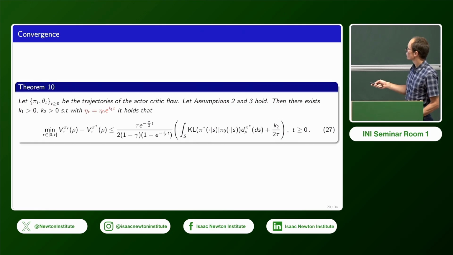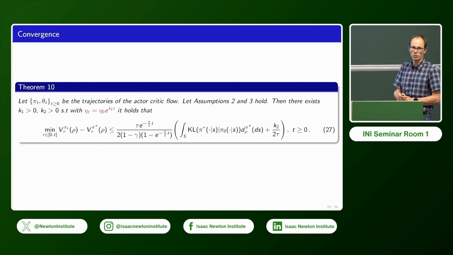And if you choose your critic flow to have an exponentially faster time scale, then you can get overall convergence, of course under the assumption that you're not evaluating things from samples, but you're evaluating integrals exactly.